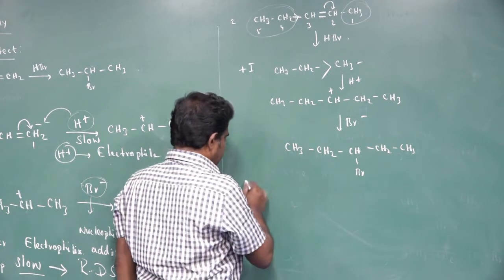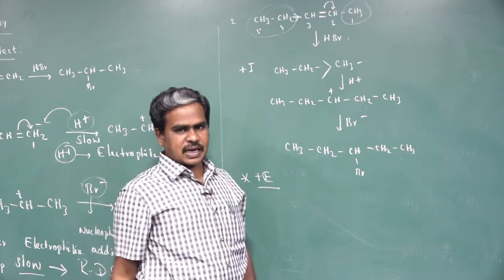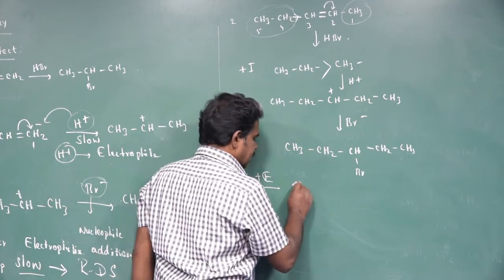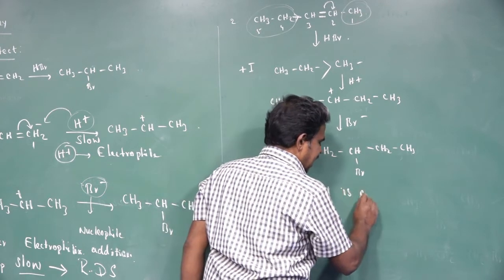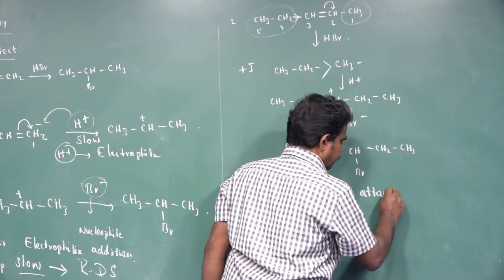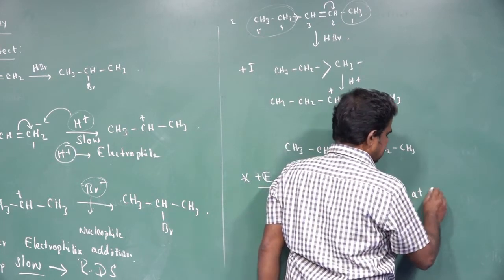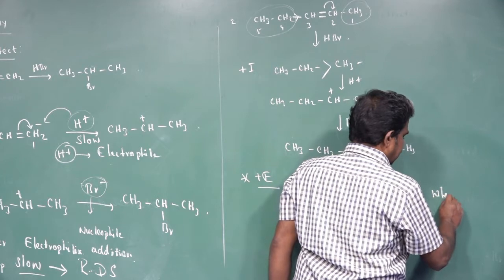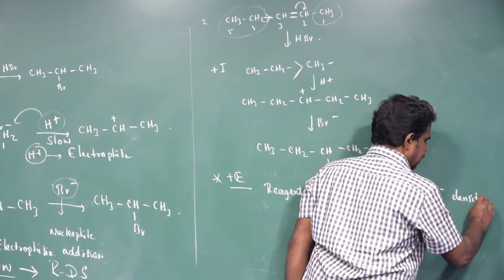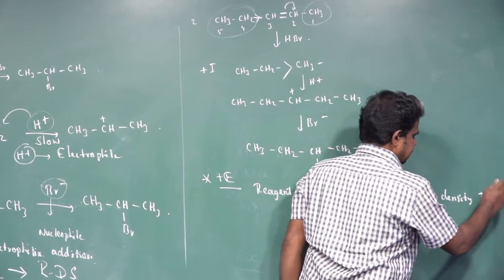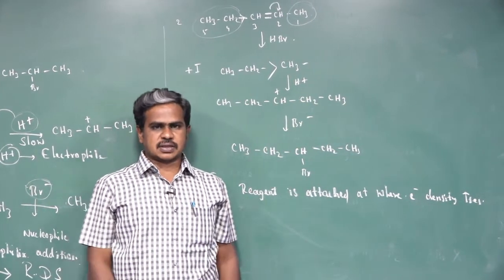So here positive electromeric effect or plus E effect is defined as the reagent is attached at the place where the electron density increases, then it is known as positive electromeric effect.